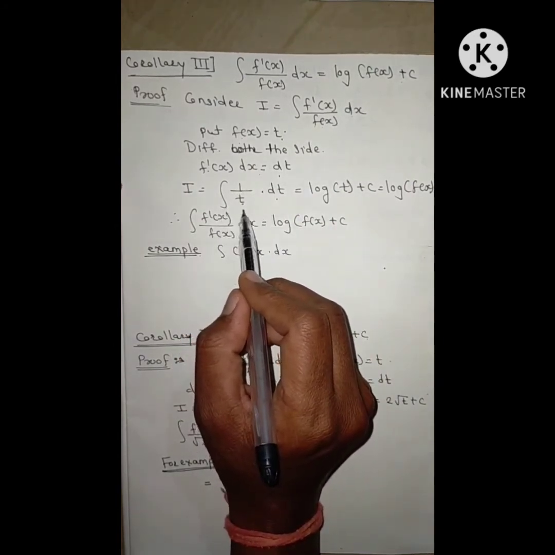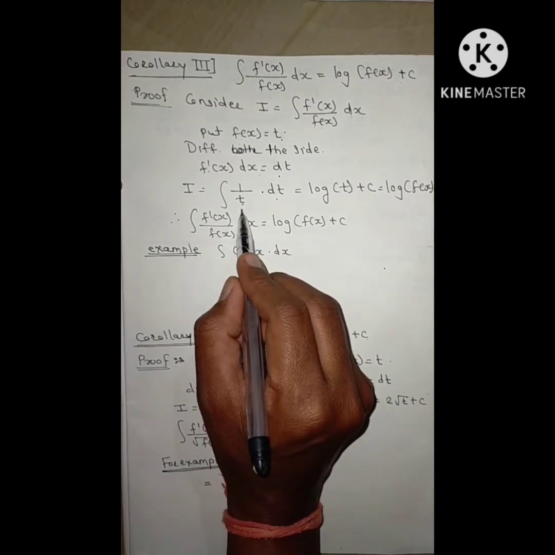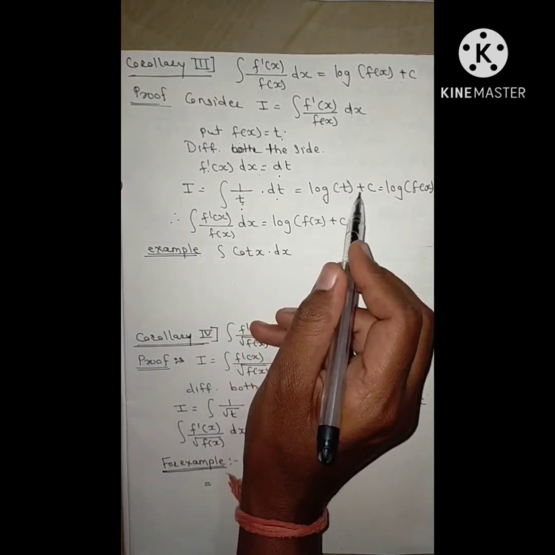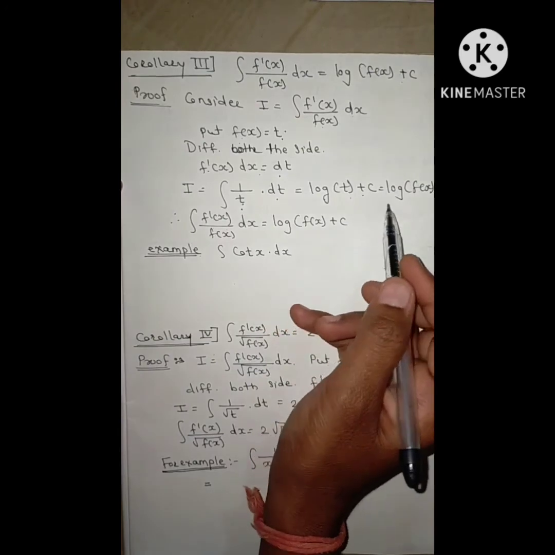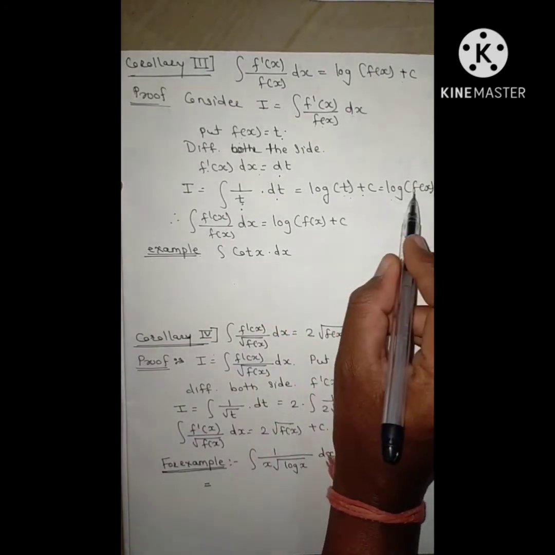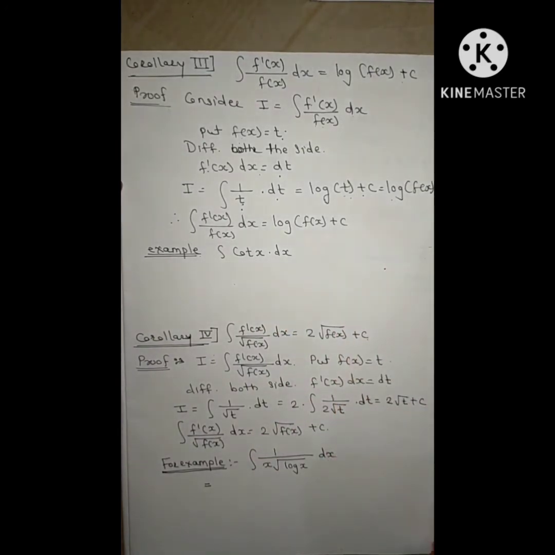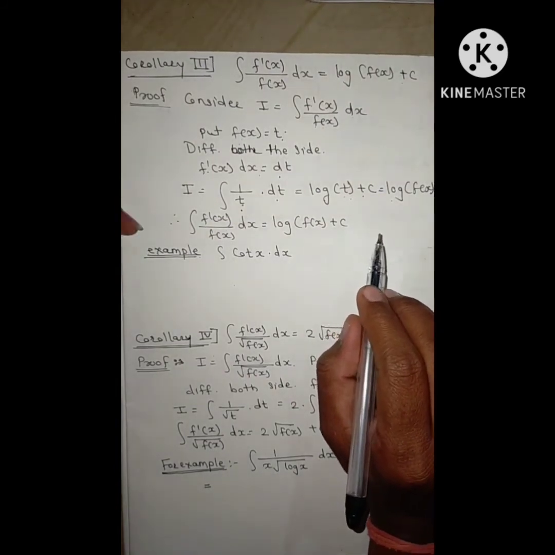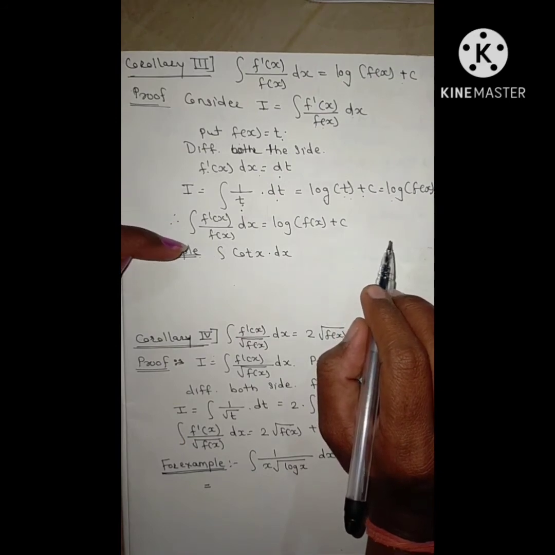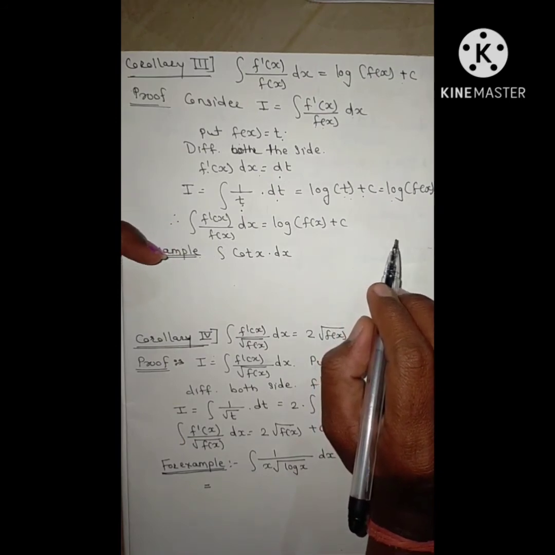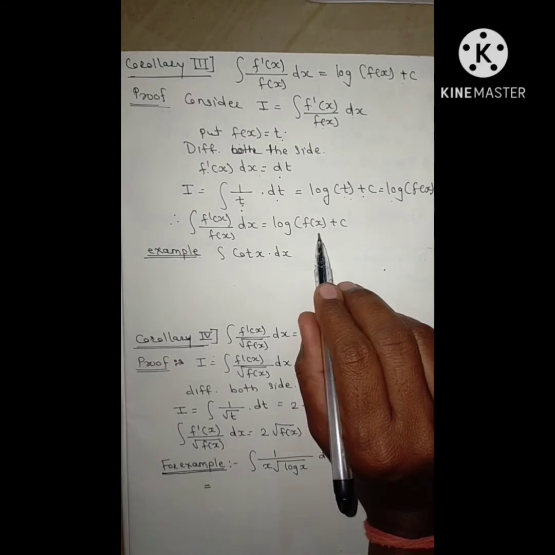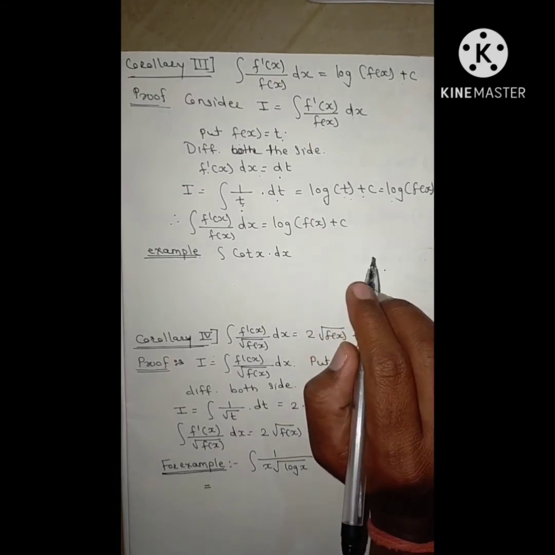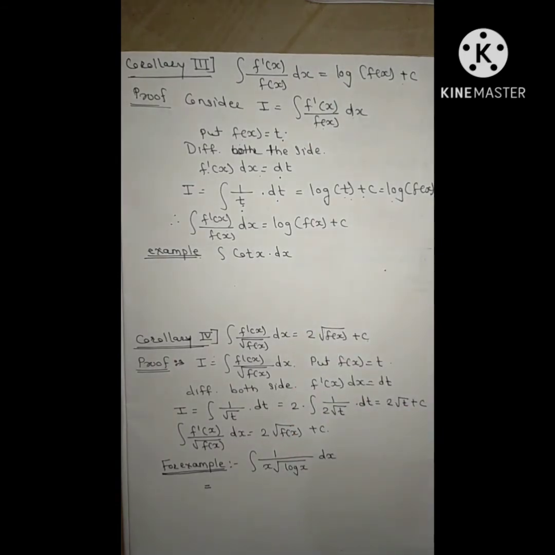We know that using standard formula, integration of 1 upon t is log of t plus c. Therefore log of value of t is f of x, and therefore integration f dash x divided by f of x dx is equal to log of f of x plus c.